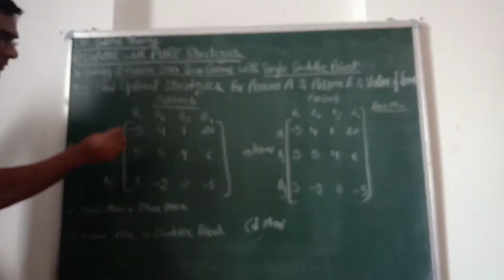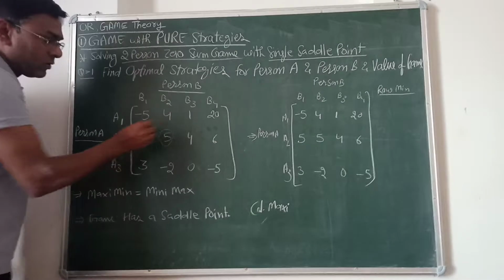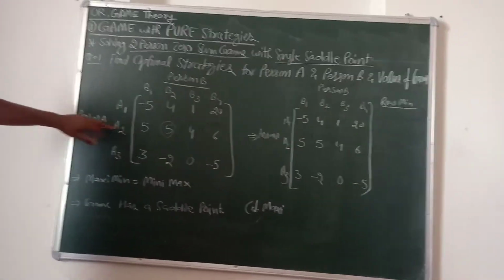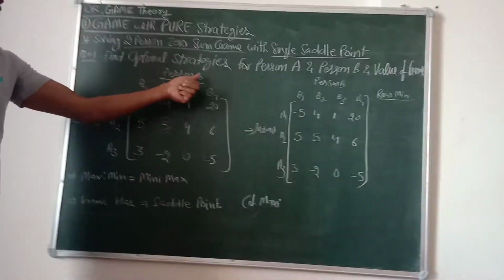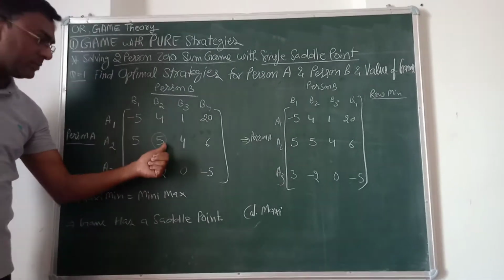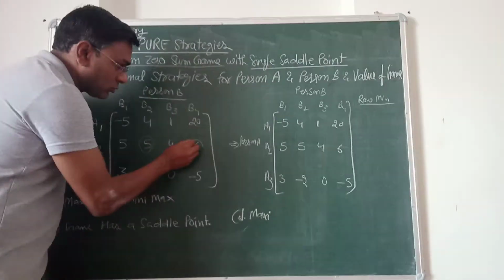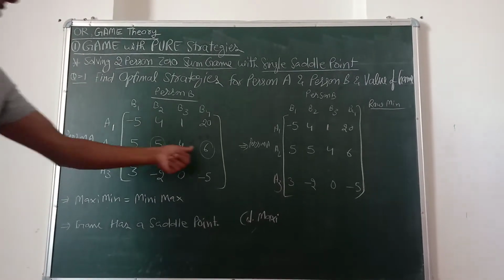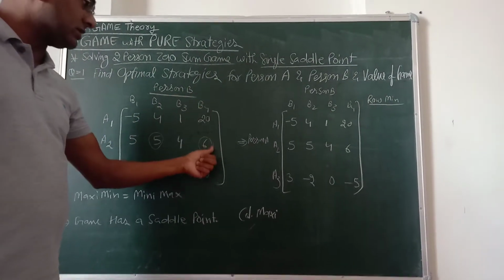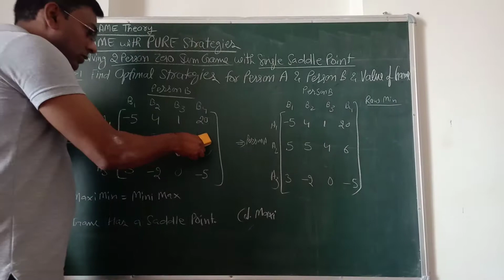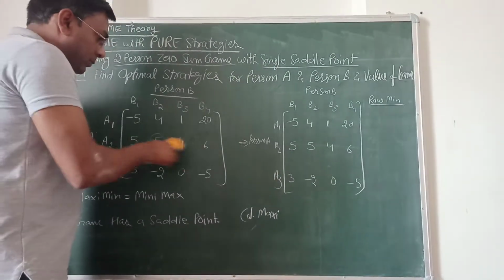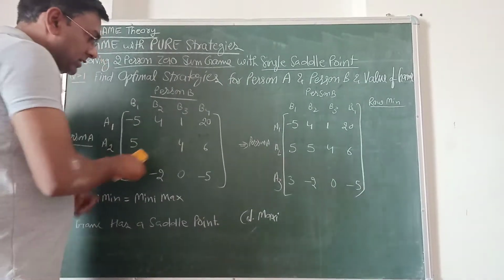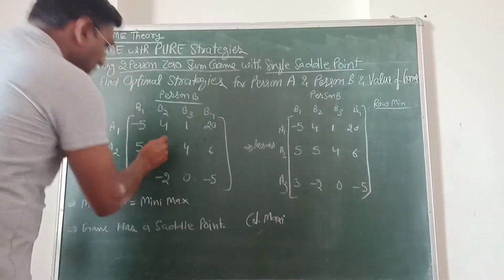Suppose we have this cell. This cell means person A is using strategy A2 and person B is using strategy B2. Similarly, if this cell is used, it means that person A is using strategy A2 and person B is using strategy B4. So B can use four strategies and A can use three strategies.